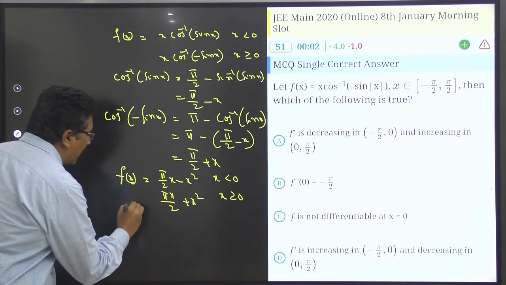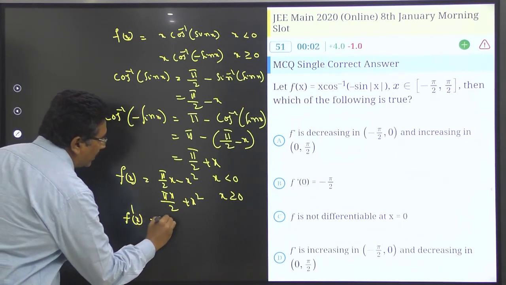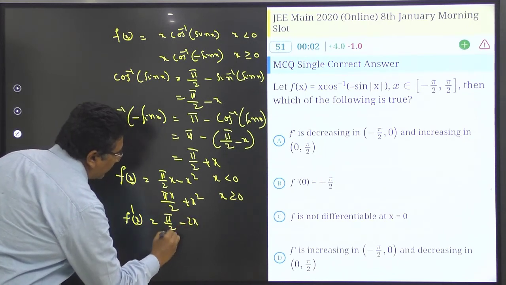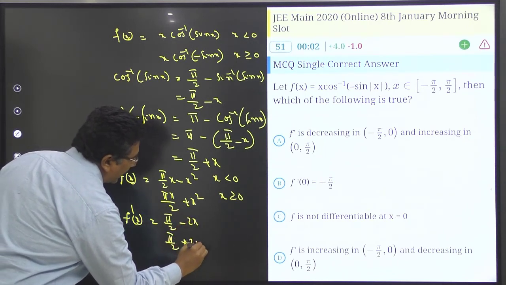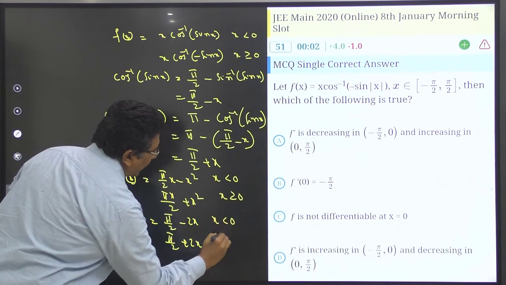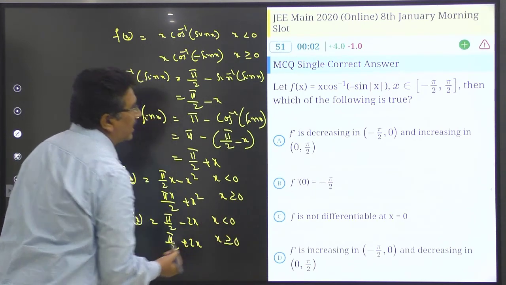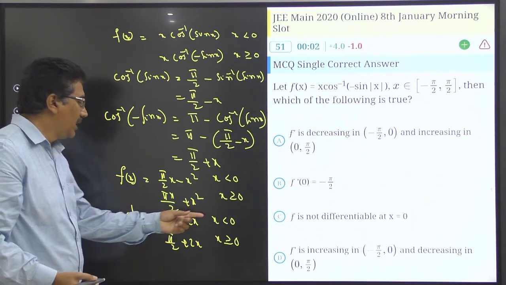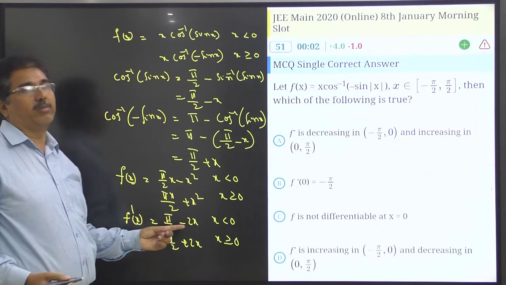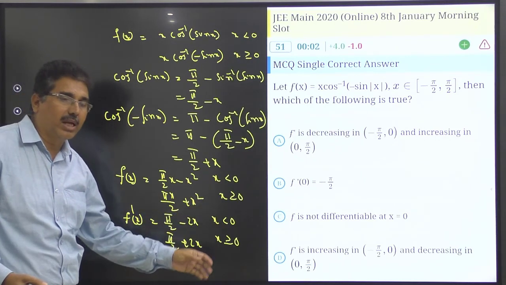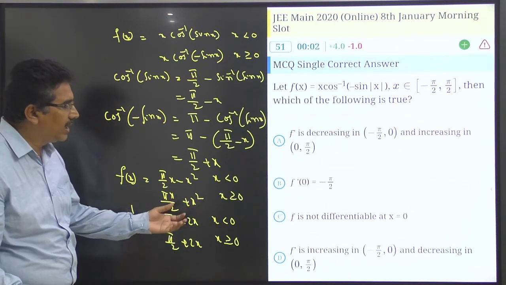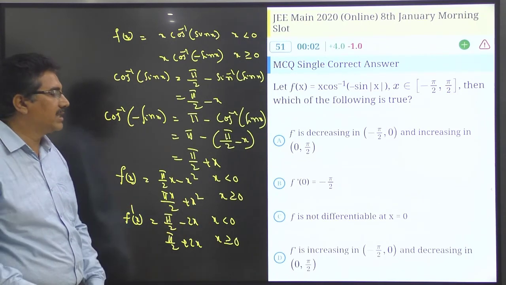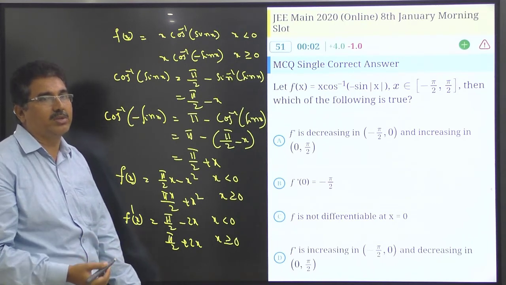Now f dash of x is equal to pi by 2 minus 2x when x less than 0, and pi by 2 plus 2x when x greater than or equal to 0. Right, so the left hand derivative is pi by 2, equal to the right hand derivative, so f is differentiable at x equal to 0.